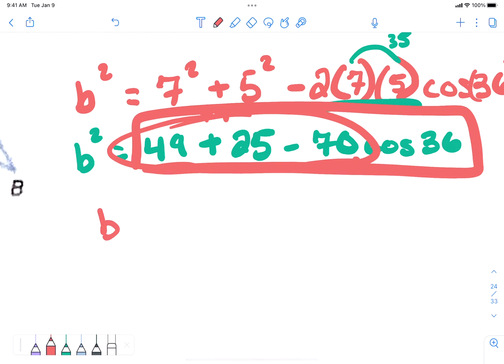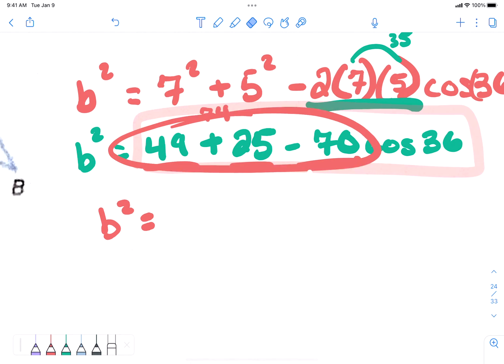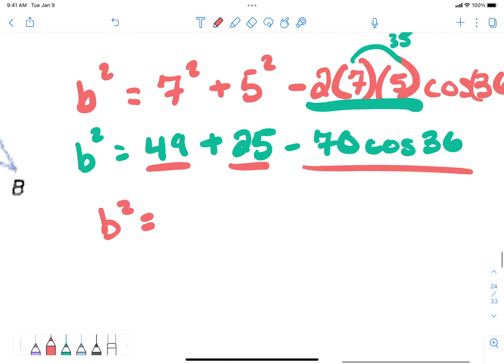Let's try that. You people have your calculators? You want to try this? Try figuring out what this chunk is. What's 49 plus 25 minus 70 cosine of 36? Tell me what you get. Like 17 point something. 0.36? Cool. If you type that in correctly, you should get 17.36, yeah?